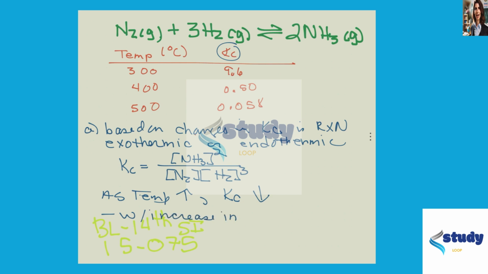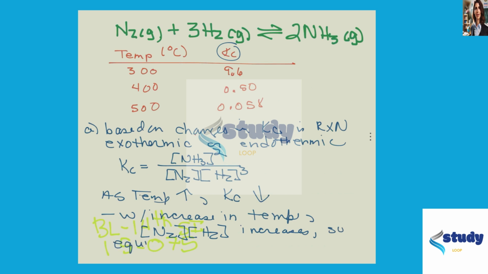So we can conclude that with an increase in temp, the concentration of nitrogen and hydrogen increases.